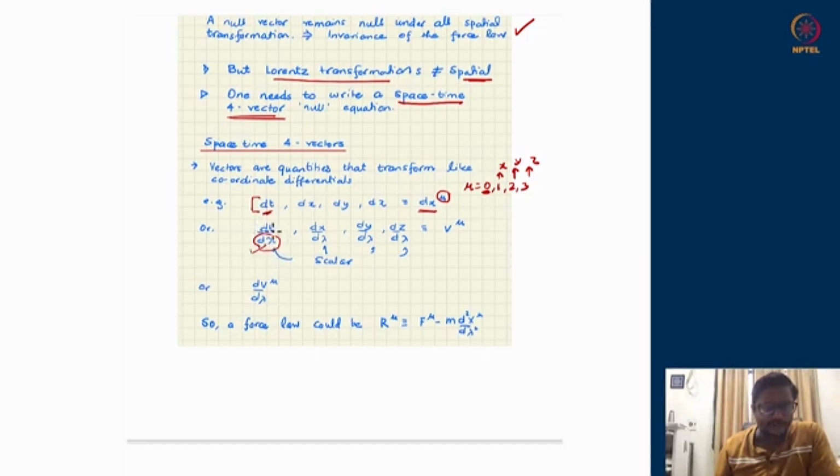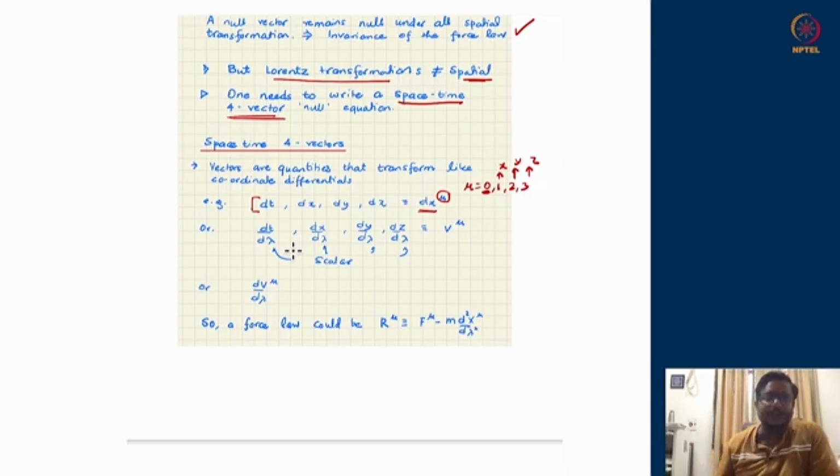All it will transform through will be dt. Similarly, dx upon d lambda will transform only via dx, and similarly for dy upon d lambda. So if lambda is invariant, then dt upon d lambda, dx upon d lambda, dy upon d lambda, and dz upon d lambda are also transforming like coordinate differentials, and these can be defined as vectors.